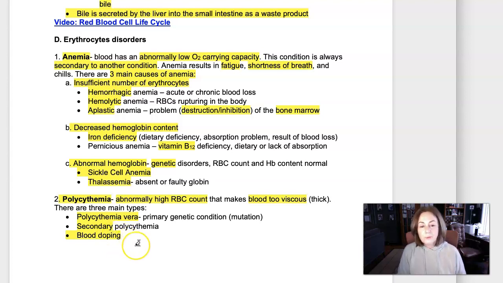You can also do blood doping with erythropoietin, which is available as a drug, and there's been many deaths due to blood doping with erythropoietin. So it just stimulates red blood cell production, like I said, enhances athletic performance.